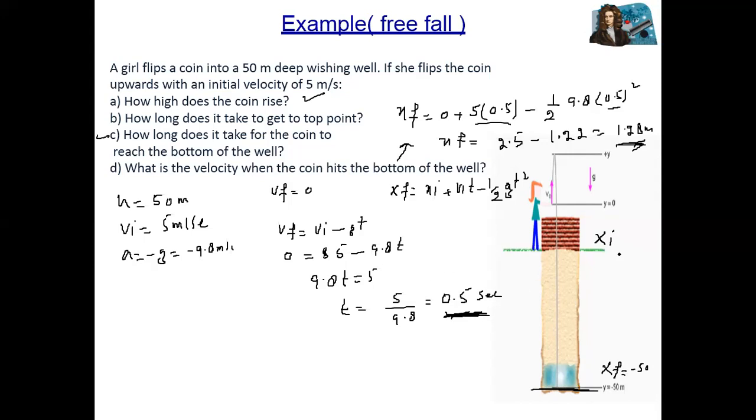So initial position xi is 0, final is equal to what? Minus 50. So how can we find the time? With the help of a formula. Which formula?